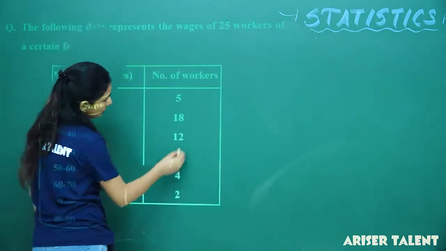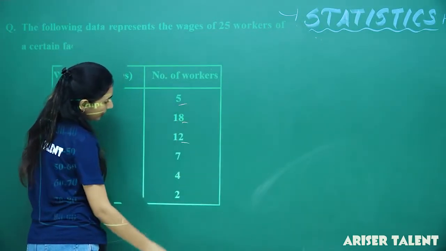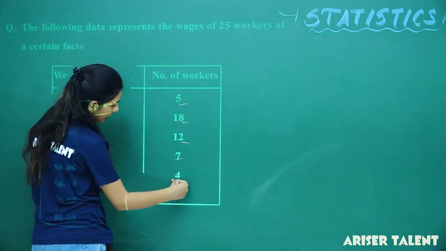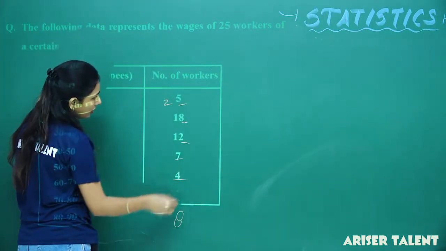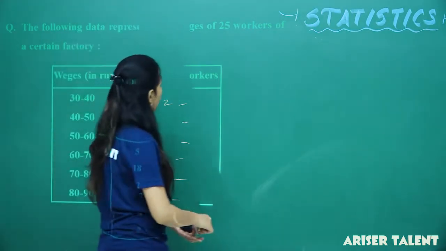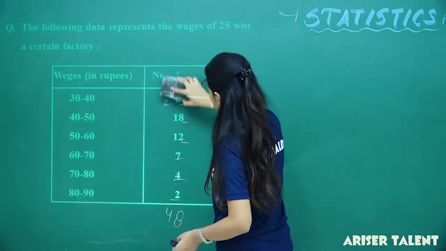So, we are having 8, 9, 10, then 15, 22, 26, 28, 8 and 2 here, 3, 4, so that should be 48. So, there are 48 workers in the factory.